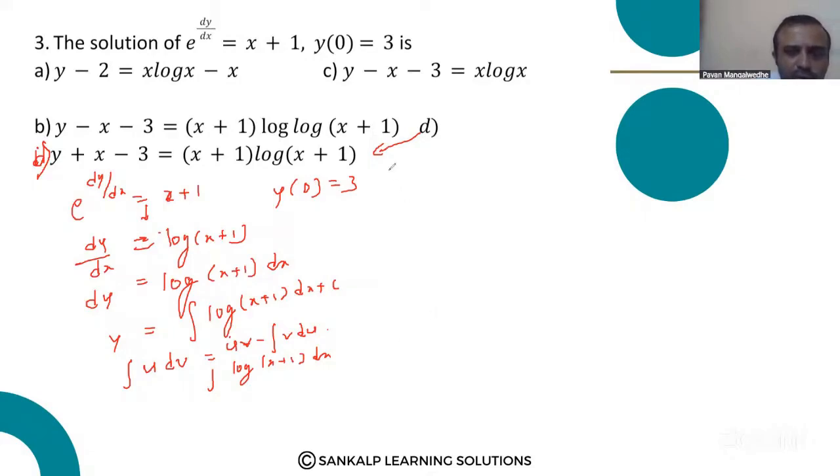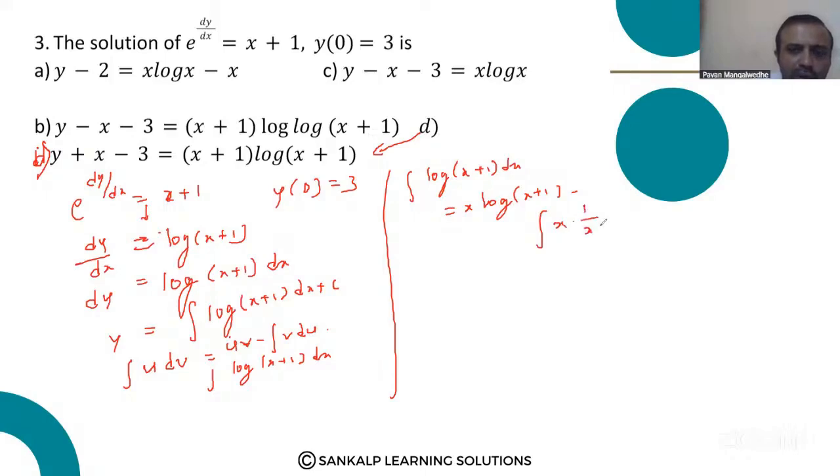When we resolve this, the integration of log of x plus 1 dx is equal to x log of x plus 1 minus the integration of x into 1 by x plus 1 dx.